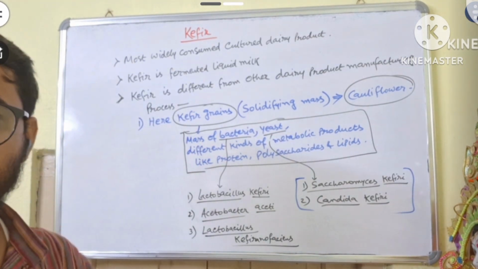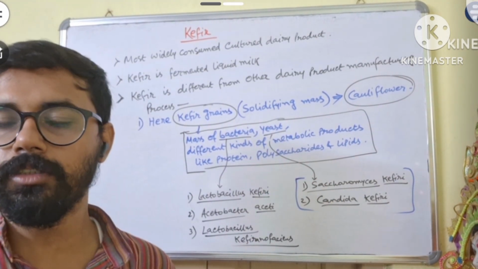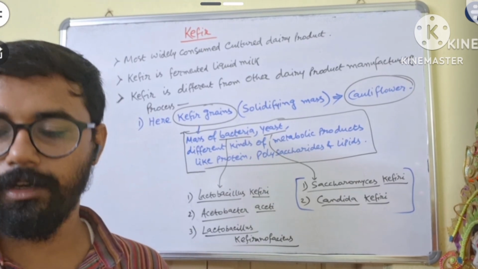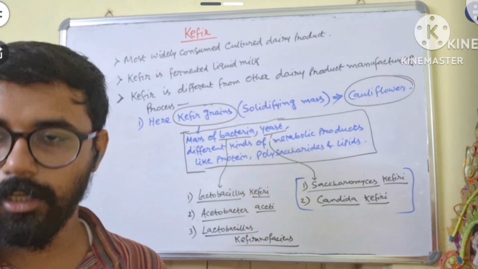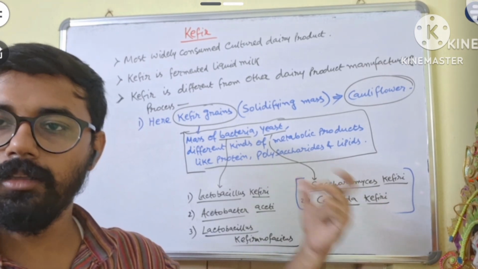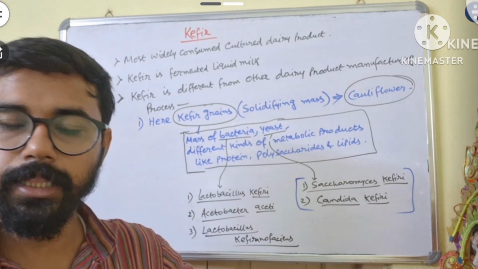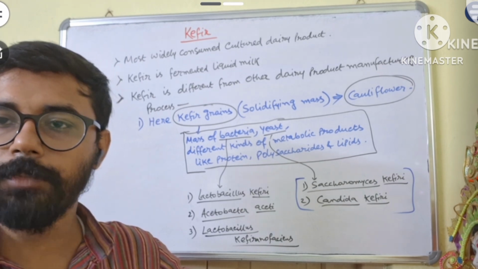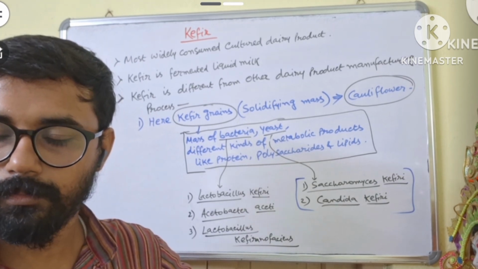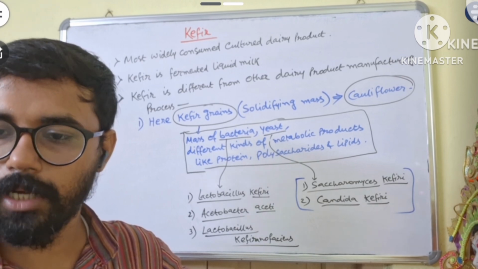And the second unique point is that here, yeast are also used. Check that. In the previous manufacturing steps, no yeast are used, only LAB are used, either homofermentative or heterofermentative or a combination. But here, yeast, that means fungus, are also used. After fermentation, yeast produce which product?